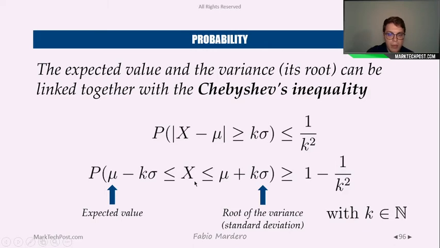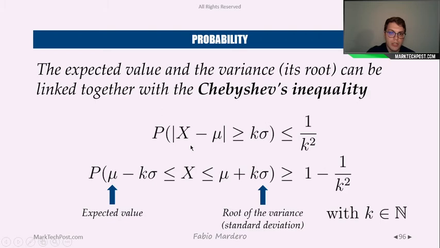We get the interval. How is it determined? Well, the random variable has to take values between mu, the expected value, minus k times the standard deviation, and mu plus k times the standard deviation. So of course, if k is big, it means that the range is wide.